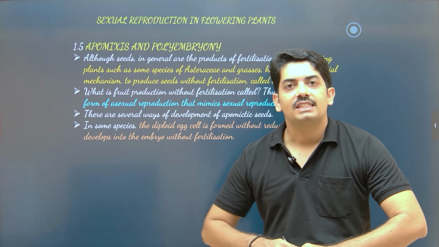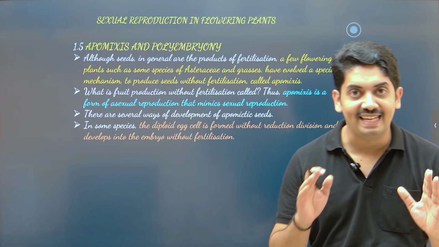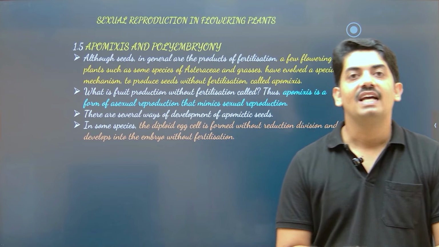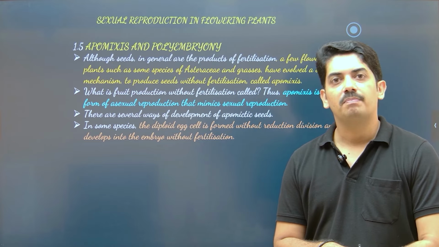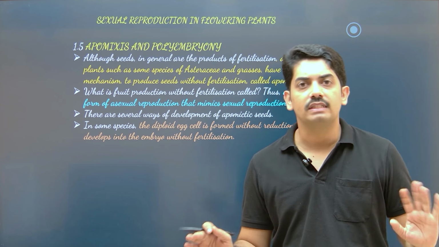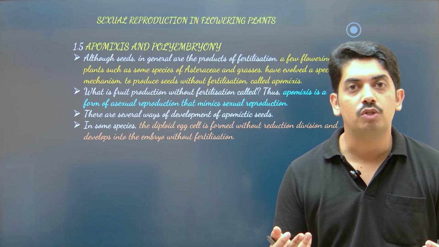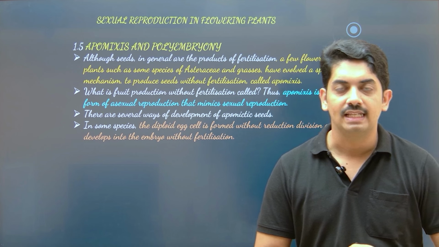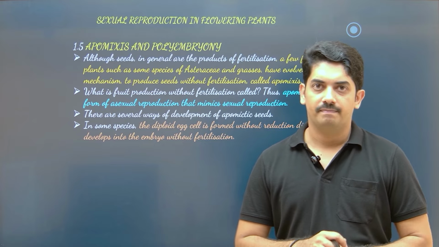Now the last part of the topic, and a very interesting part of the topic, apomixis and polyembryony. So far we studied that even without fertilization, the ovary can develop into fruit, and that process we call parthenocarpy.